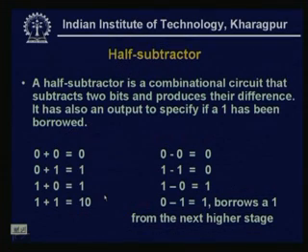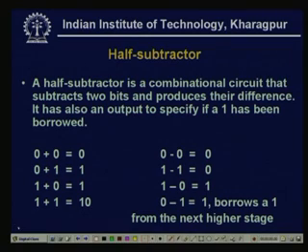Now, a half-subtractor is a combinational circuit that subtracts 2 bits and produces their difference. It also has an output to specify if a 1 has been borrowed. The similarity with the adder is that for addition, one sum and one carry signal are generated.